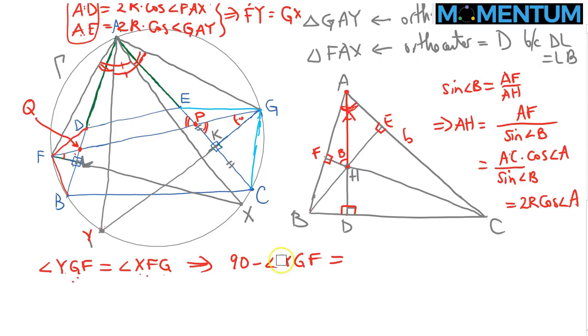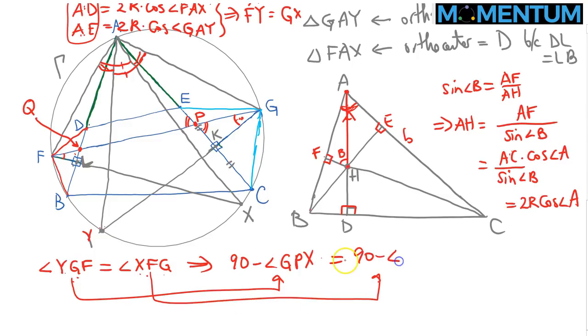Let's just do it the other way around. So YGF can be represented as 90 minus GPK. Otherwise it will be confusing. And similarly, XFG we can write as 90 minus angle FQL. And obviously the 90 is cancelled, so that would imply FQL is equal to angle GPK.